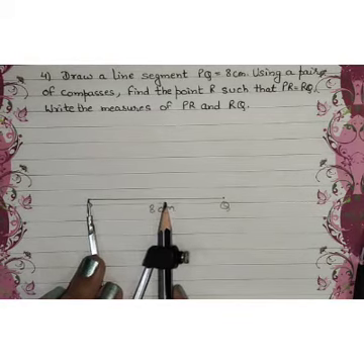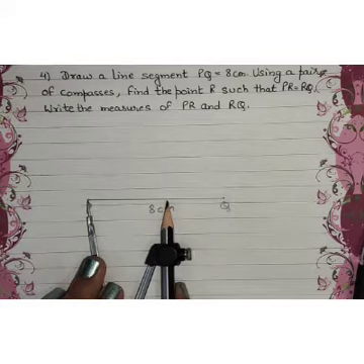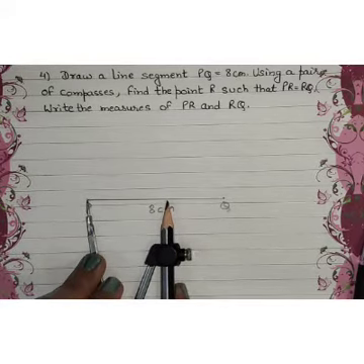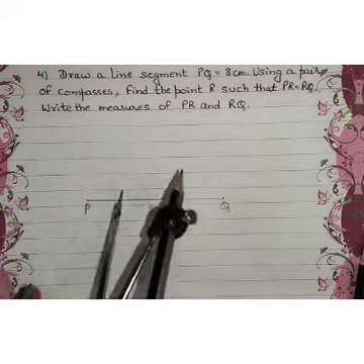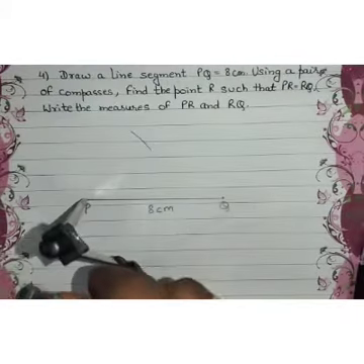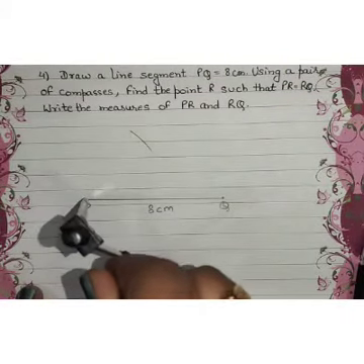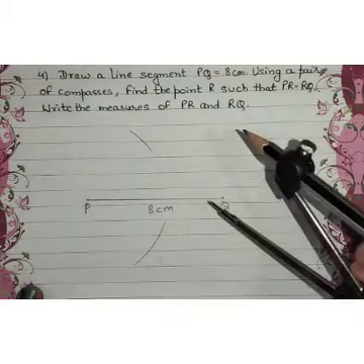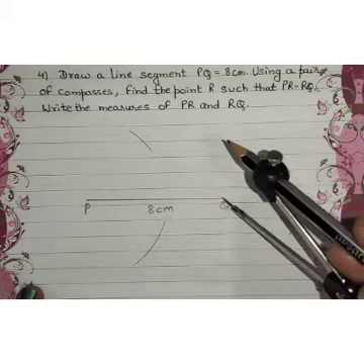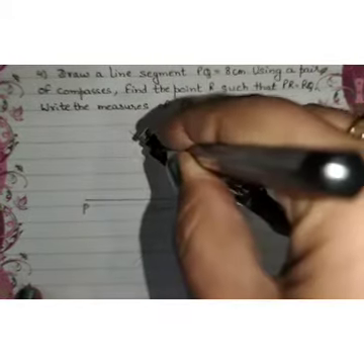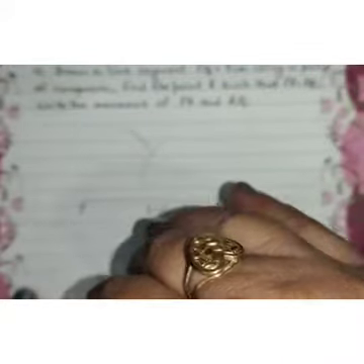You can take 4.3 or 4.5 cm and draw an arc first from P above PQ and below PQ. Similarly, taking Q as center and the same radius, we draw an arc above PQ and below PQ.